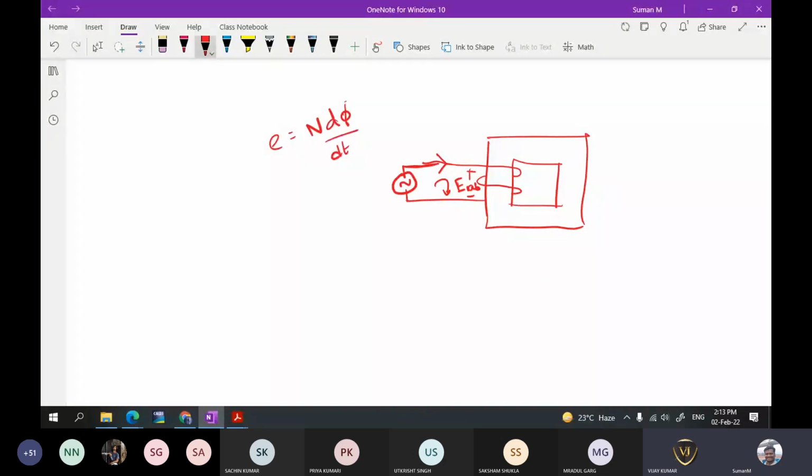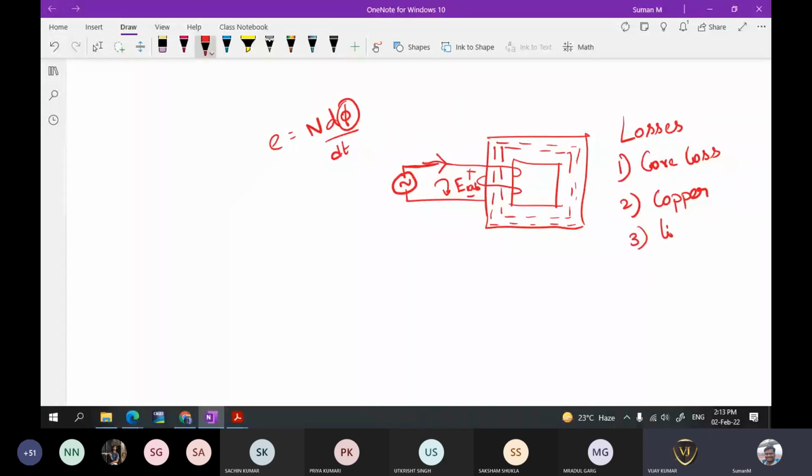This is the flux which is available in the magnetic core material or iron core material. Now we were seeing only about a lossless transformer. Lossless transformer in the sense that we are not talking about core loss, we are not talking about copper loss, and we were talking about linear characteristics.